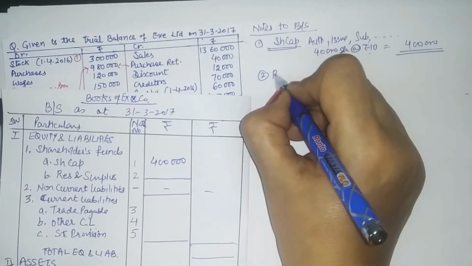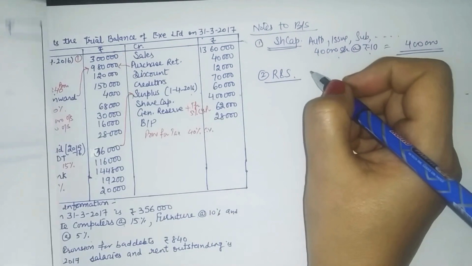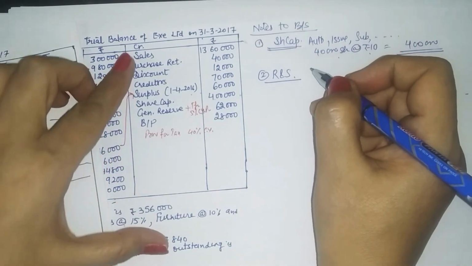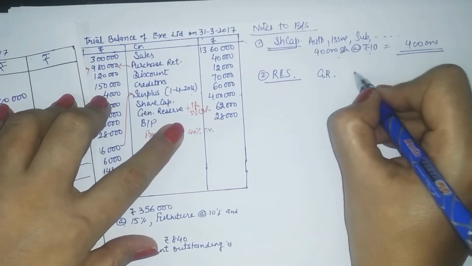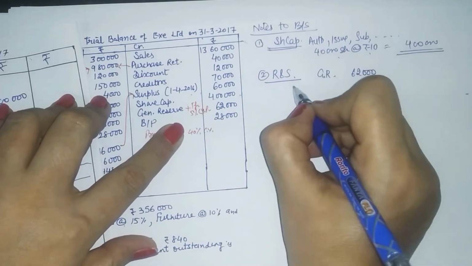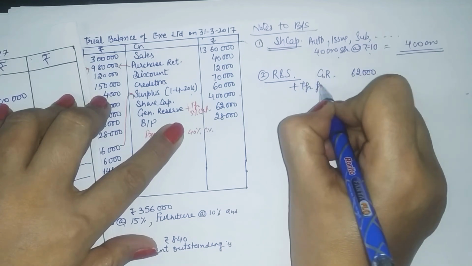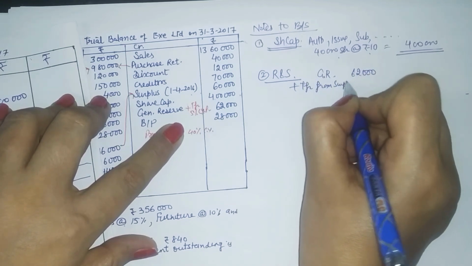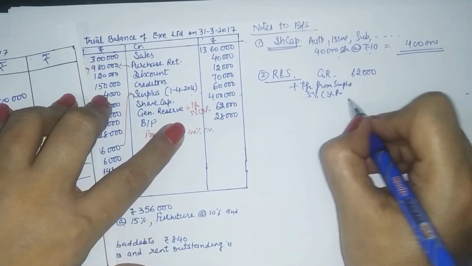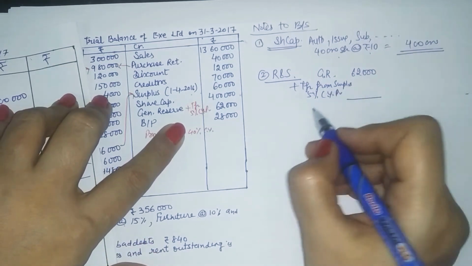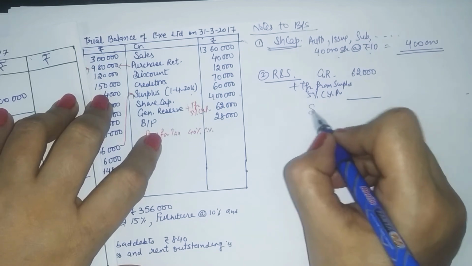Second is reserve and surplus. Now in the reserves and surplus, we have general reserve. So we'll first record all the types of reserves. Now in this reserve, we are to make transfer from surplus, which is 5% of current year profits. But we can do that only once we have calculated profit. Alright, so leave it for the time being.